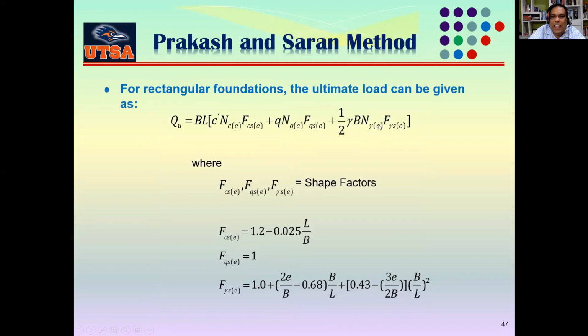There is an e here, meaning eccentricity, okay? They gave you that formula here, that if there is eccentricity and this is a rectangular or square foundation, then you have to use these terms, okay?